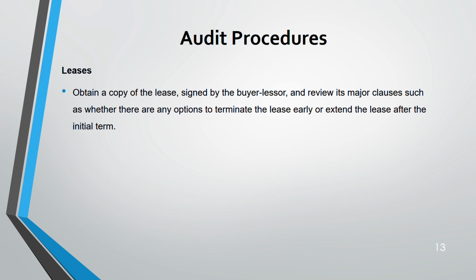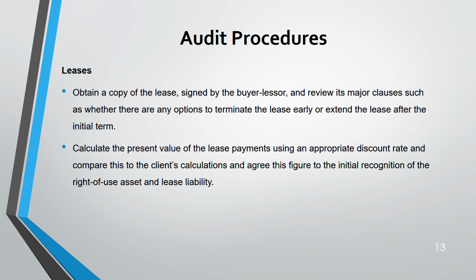One major clause is the option to terminate or extend the contract. Review that. Next, lease payment. We calculate the present value, right? So present value of the lease payment you calculate using the appropriate discount rate and compare this with the client's calculation. And make sure that it agrees with the initial recognition of right of use asset and lease liability.